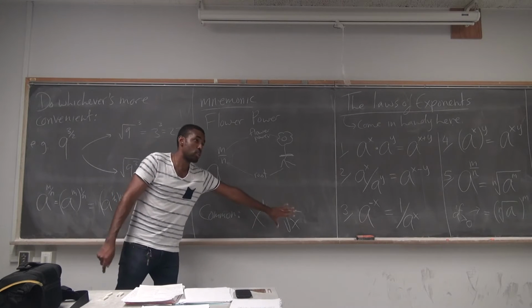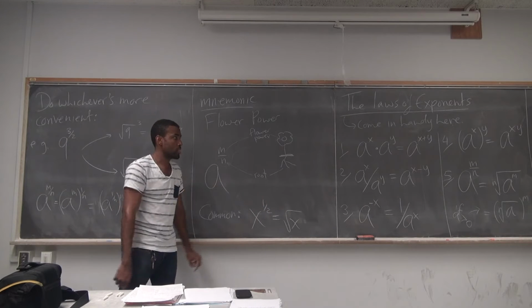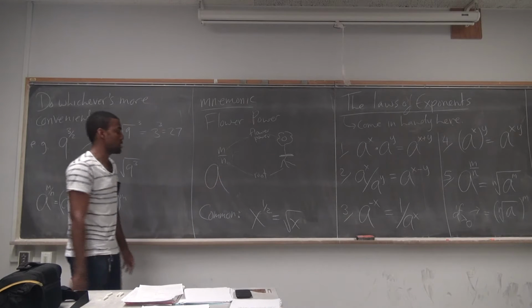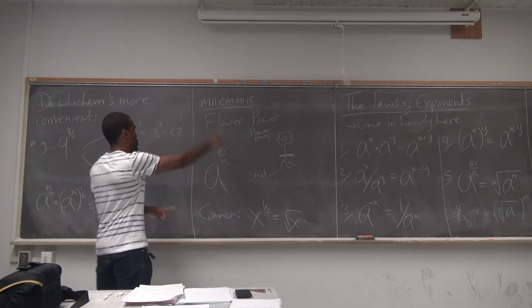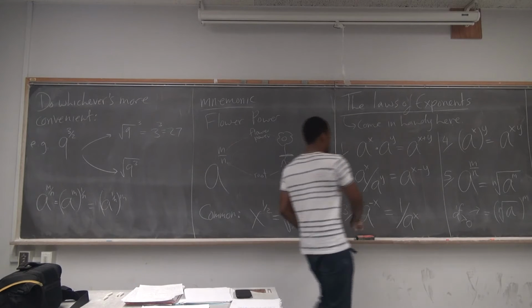So if I throw something at you with a radical, you're going to want to convert it to a power in order to apply the rule. So this is going to come in handy later on, as well as in this section. It's very important that you remember flower power. You can switch from radicals to powers at will, and it shouldn't be a big deal.